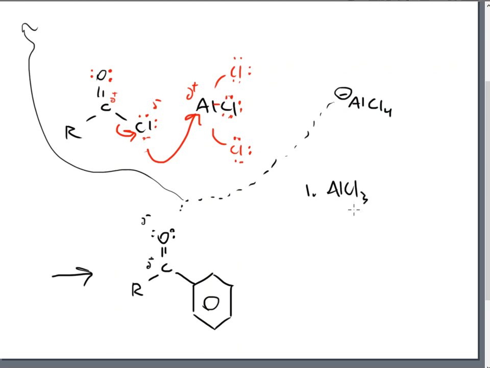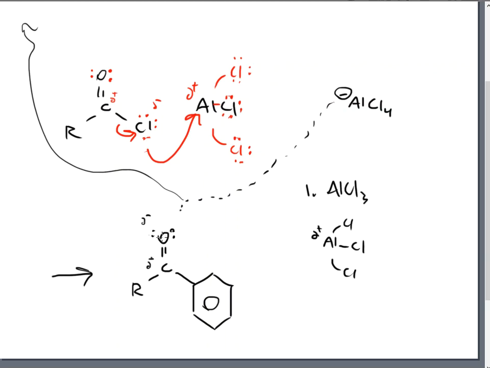And the problem with this is this AlCl3 is going to behave just like it did before. These chlorines pull the electrons away from the aluminum, making this slightly positive. And ding ding, look here. There's a carbonyl, there's an oxygen, there's free pairs of electrons. What do you think's going to happen?